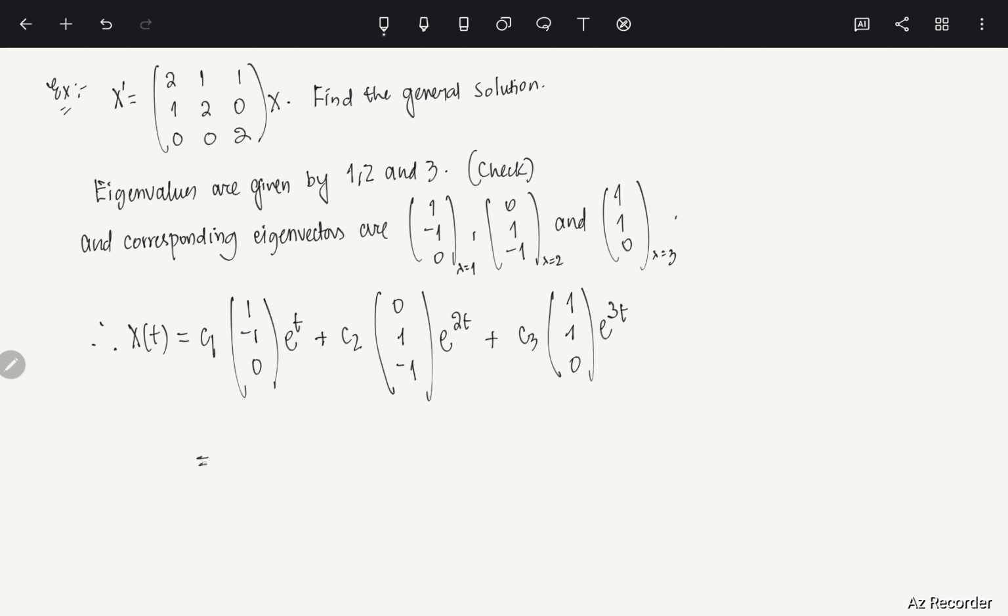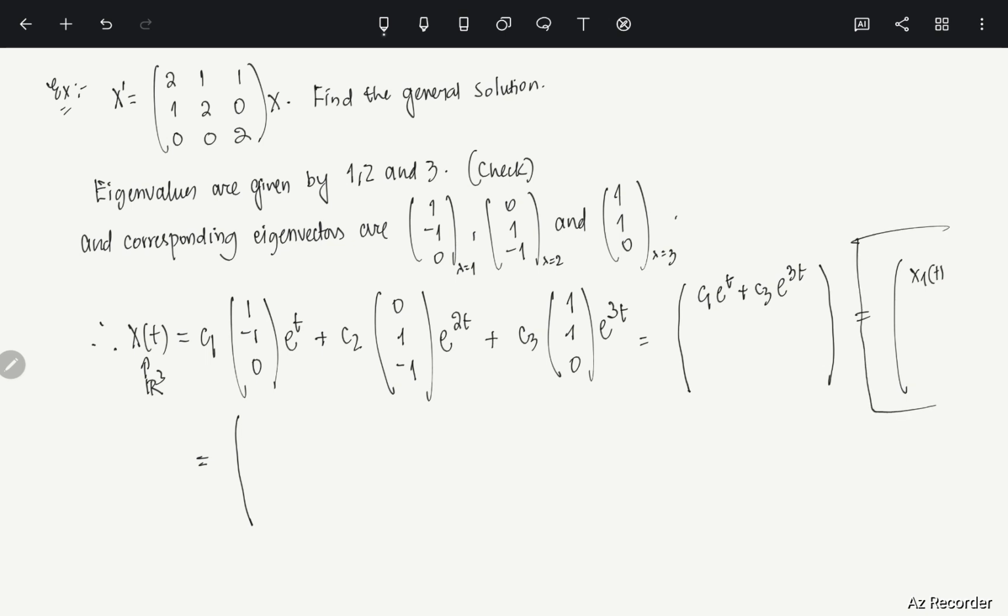Now, the one last line you should write like this. Write it properly. x(t) is in R^3, so x(t) is nothing but (x1(t), x2(t), x3(t)). You don't have to write this part; it is just for your information.